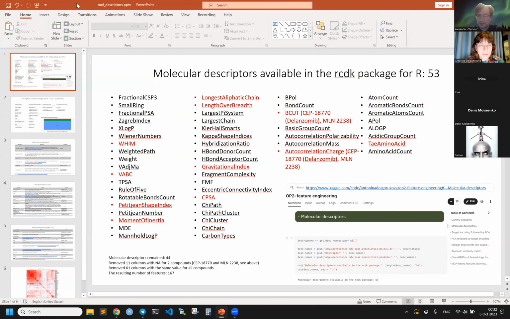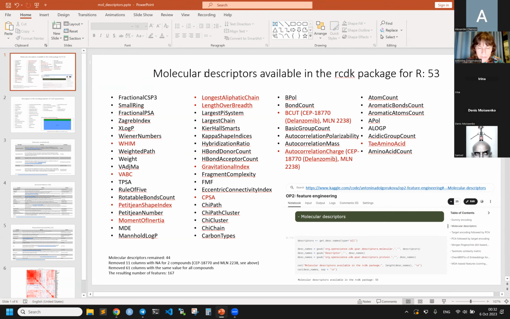Okay, so this is a really short introduction to a mostly manual work of extracting molecular descriptors. Actually, I would divide all the techniques to get features for our drugs and cell types into two different kinds.